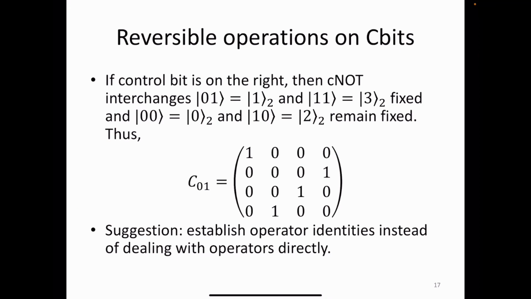So if the control bit is on the right, the controlled NOT operation interchanges 0, 1 and 1, 1, and 0, 0 and 1, 0 remain fixed. And you may try again. If you remember how we constructed the swap operator, give it a try and see if you can construct the controlled NOT operator based on the initial and target states that we have at hand.